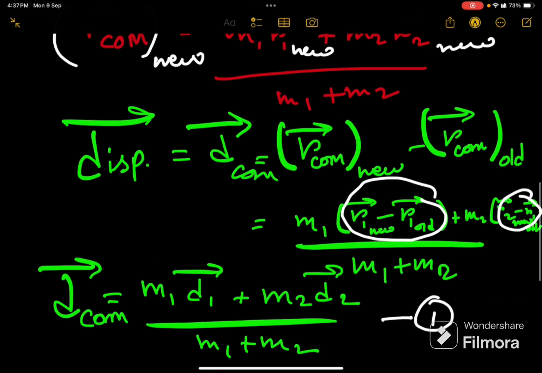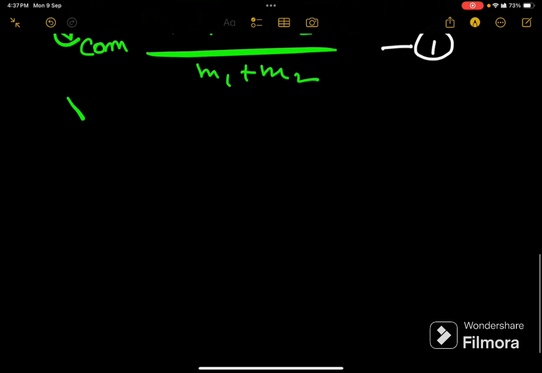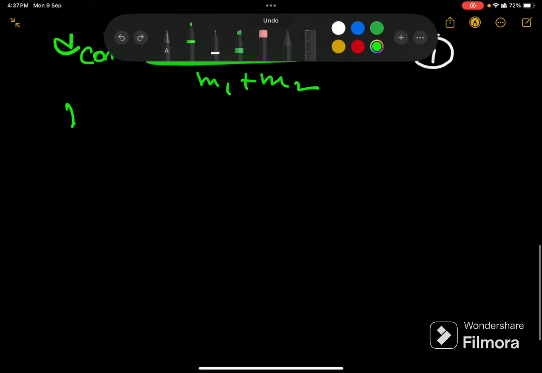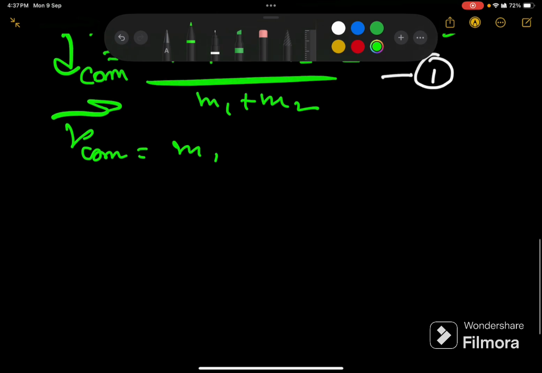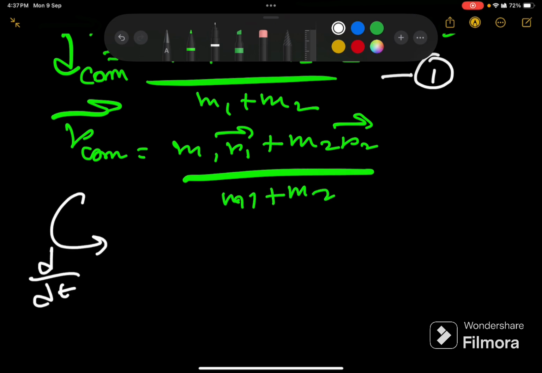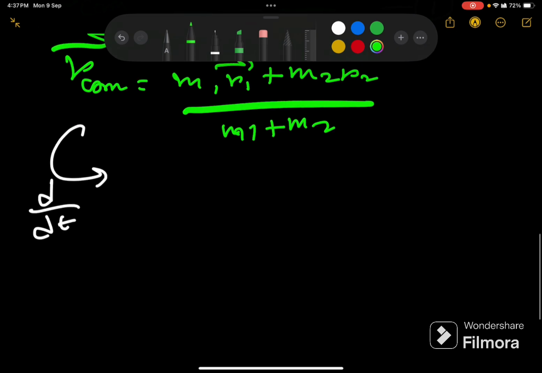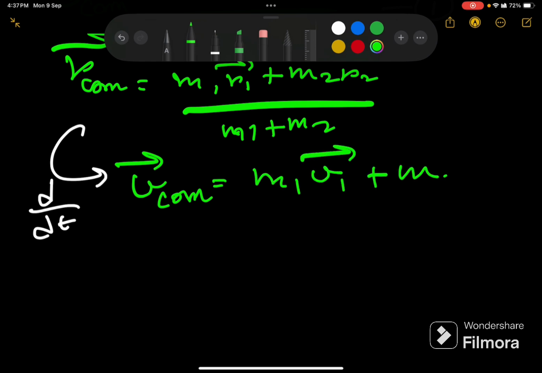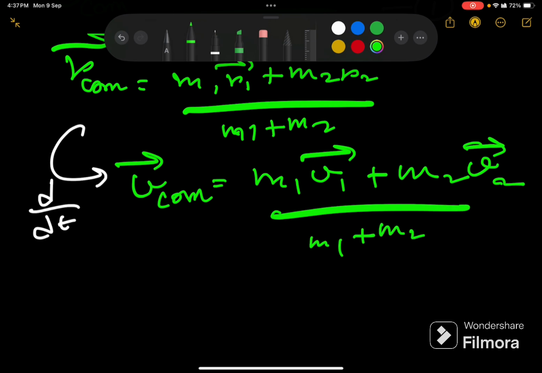We already know this formula, right? r center of mass equals m1 r1 plus m2 r2 by m1 plus m2. Let us just differentiate it with respect to time, and it becomes the velocity of center of mass, m1 v1 plus m2 v2 by m1 plus m2.